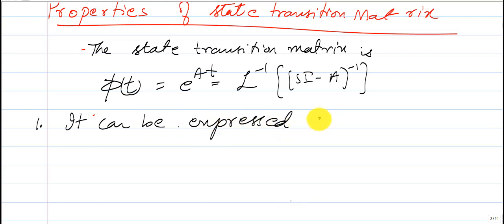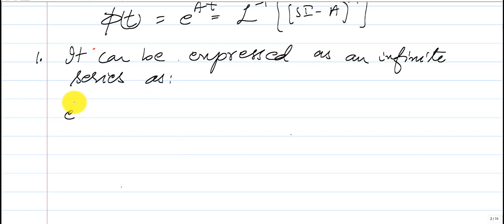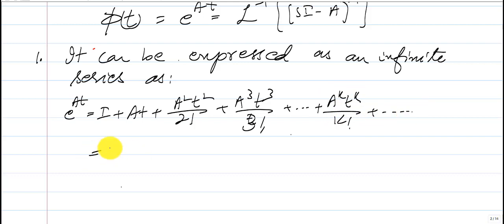It can be expressed as an infinite series: e raised power At is equal to I plus At plus A squared t squared by 2 factorial plus A cube t cube by 3 factorial plus A^k t^k by k factorial and so on, which can be written in the summation form as the sum from k equals 0 to infinity of A power k t^k over k factorial.